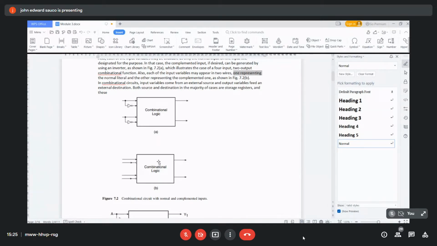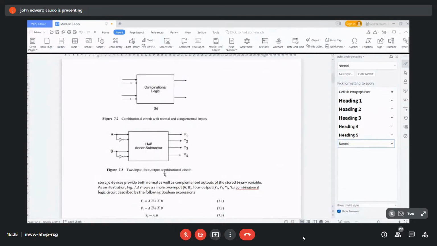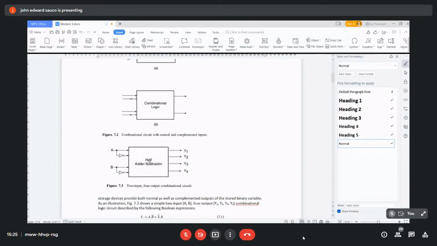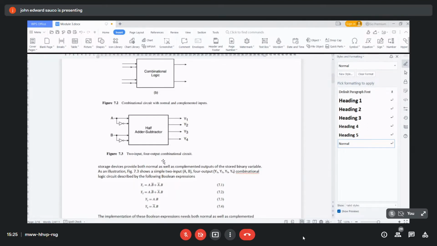Same lang yan. So, ito yung with normal. Ito yung complemented inputs. And then, ito na may sample nun, nung may inverter. Half adder subtractor, mamaya, itatak na. Sabi natin definition yan.